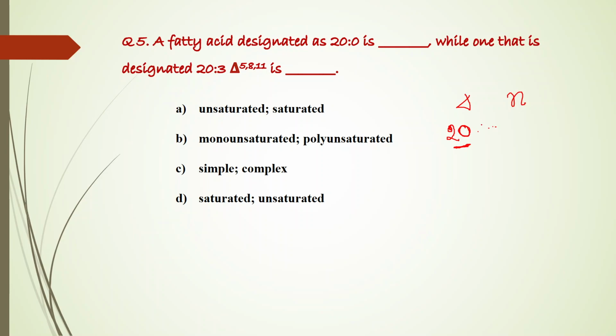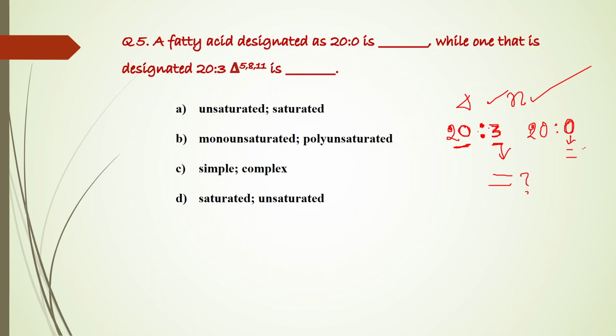What does the next number mean? After this notation, if we write 3, what does this 3 denote? In one case it is written as 20 and in another case as 23. So in both the delta model and n model, this second number means how many double bonds are present in your fatty acid.